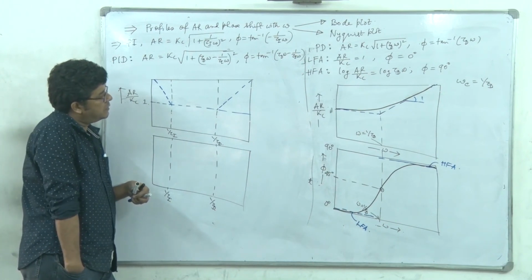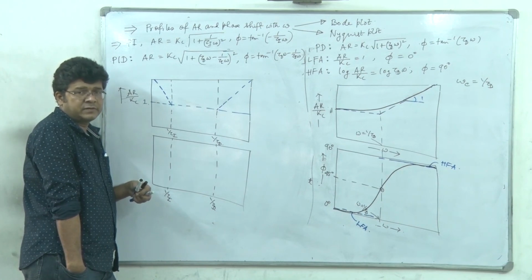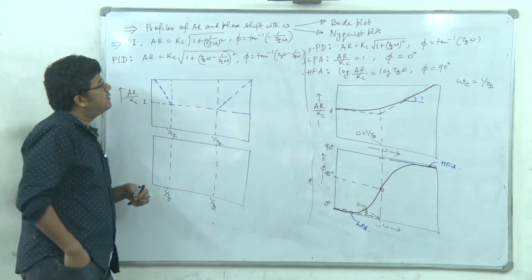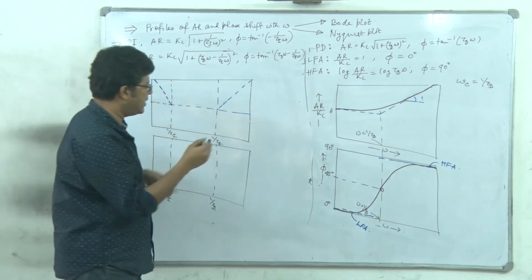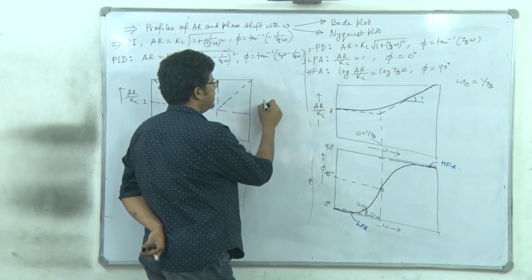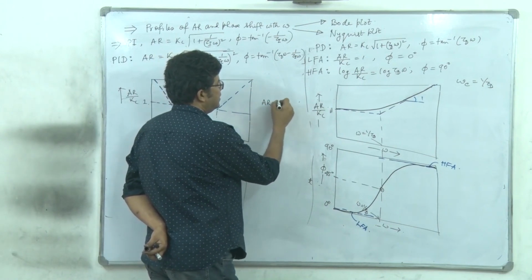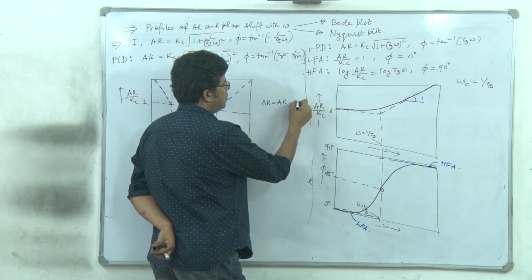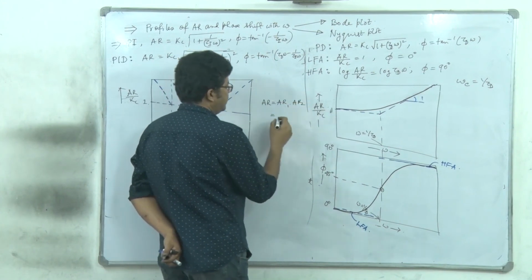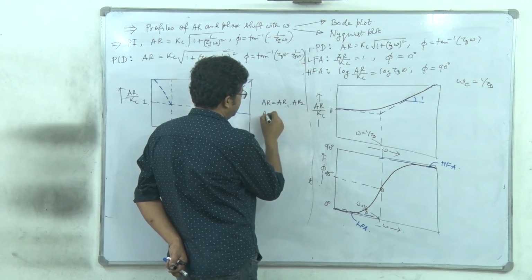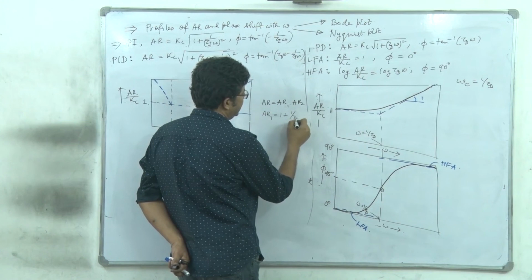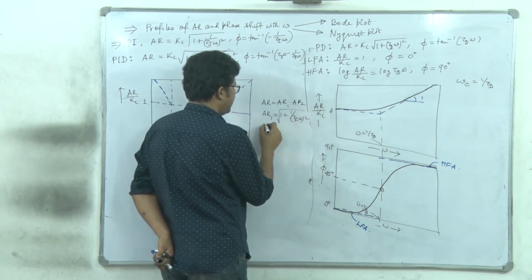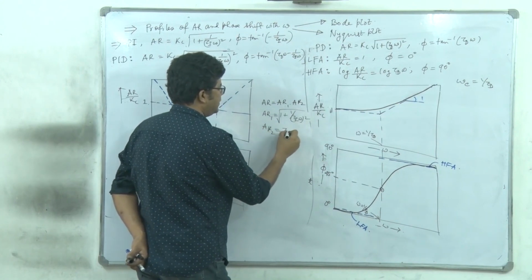simply superimpose these two, because individually we can think that okay, we have a PI and we have a PD. What I am trying to say is that AR is equal to AR1 into AR2, and we write here this AR1 is equal to 1 plus (1 divided by tau I omega) whole square under root, and AR2 we write, see, is tau d omega, right?